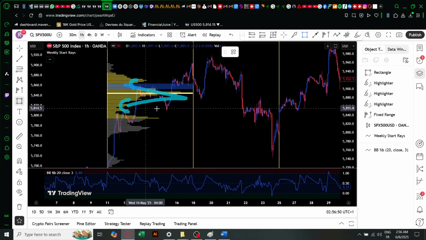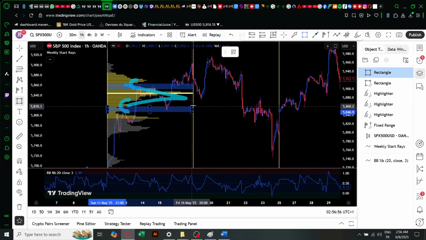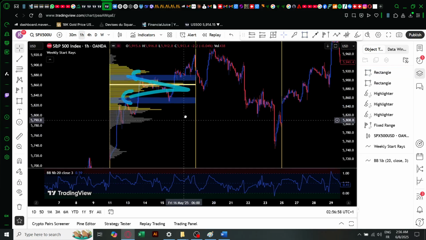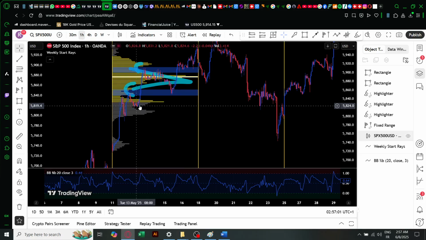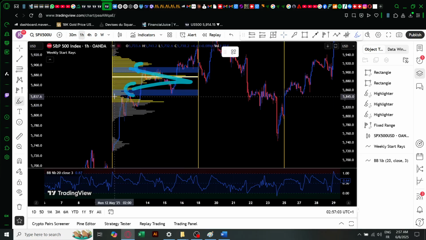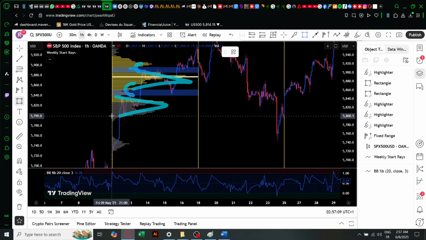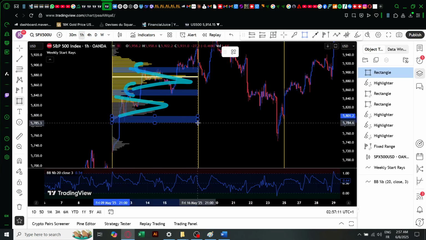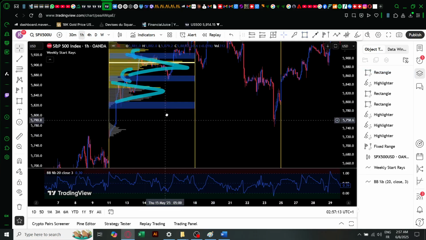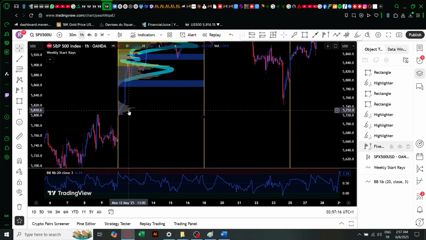Another key level, price reacted to over here. So I'm going to draw another one here, and there is this huge level in here, and I'll do the same here, and there is this one.